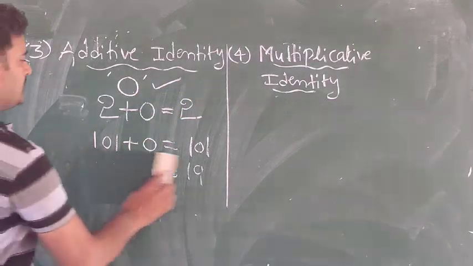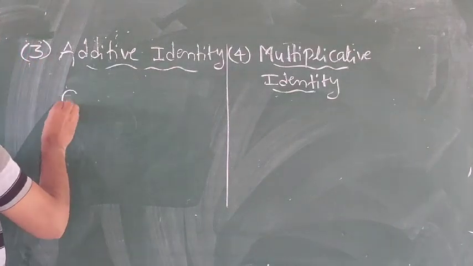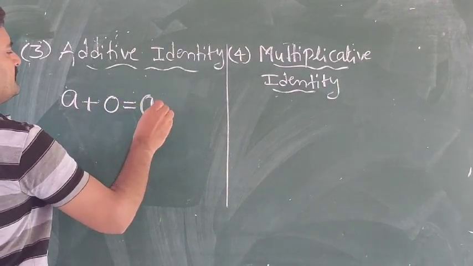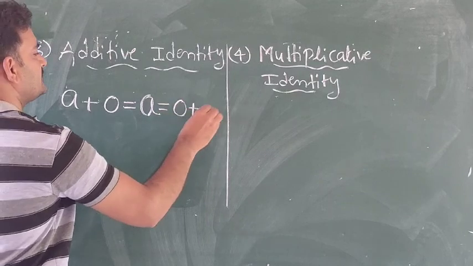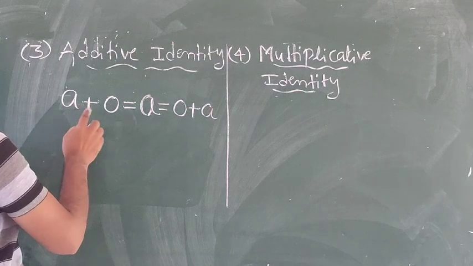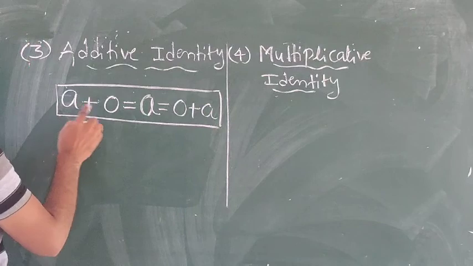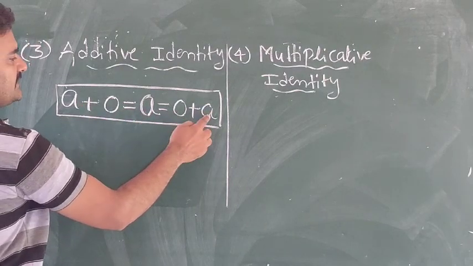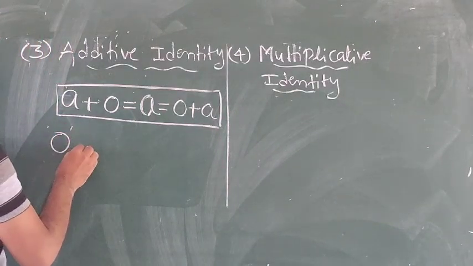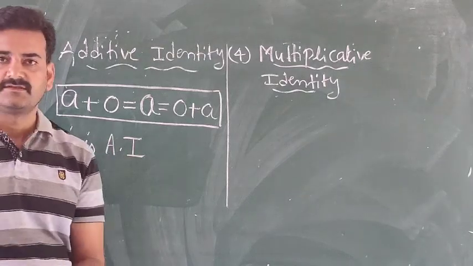So 0 is additive identity, and we are going to write in this form: a plus 0 is equal to a, or 0 plus a. 0 plus a is equal to a plus 0 is equal to a. a plus 0 is equal to a, 0 plus a means also a. Now here that means 0 is additive identity.